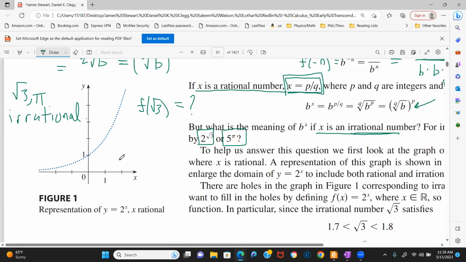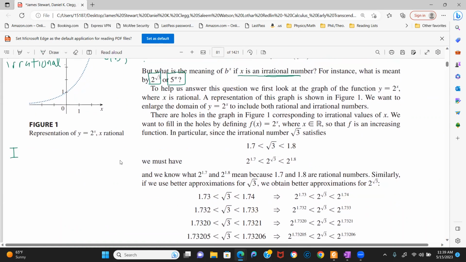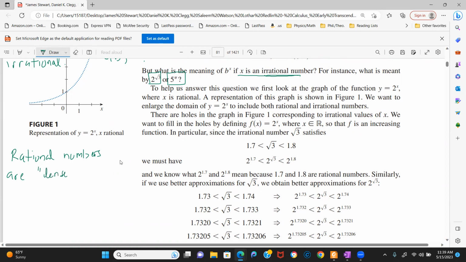But it turns out that rational numbers are so-called dense in the set of real numbers.